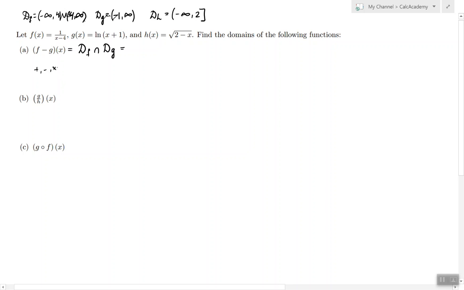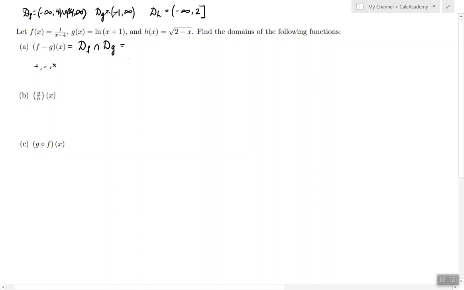So in this case, we can just find the intersection of the two domains, which is all the numbers except 4 and all the numbers from -1 to infinity. So the intersection will be from -1 to 4 and from 4 to infinity.